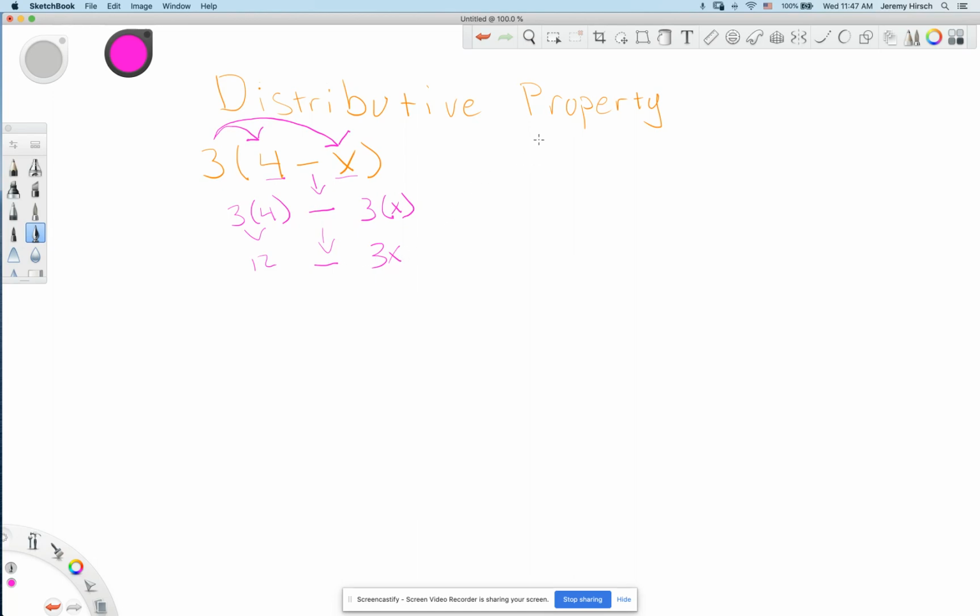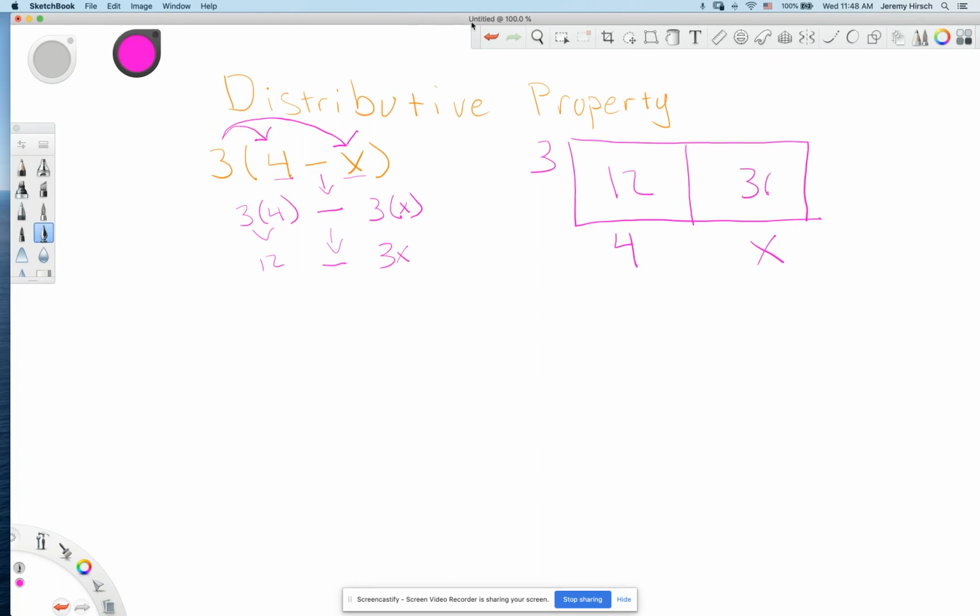Now, there's another way you could do this, and that is using the box method. We have 3 times 4 and 3 times x. 3 times 4 is 12, and 3 times x is 3x.